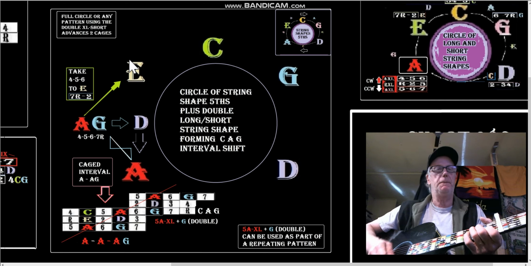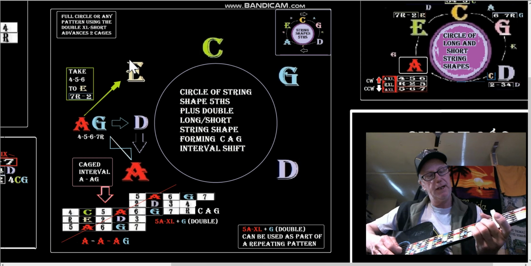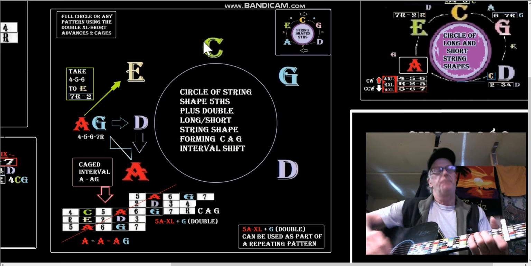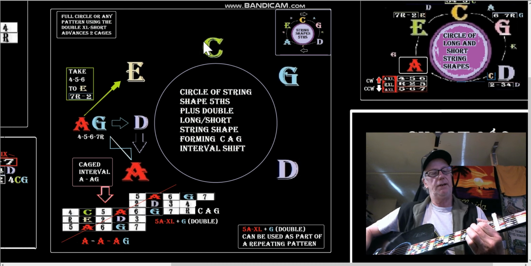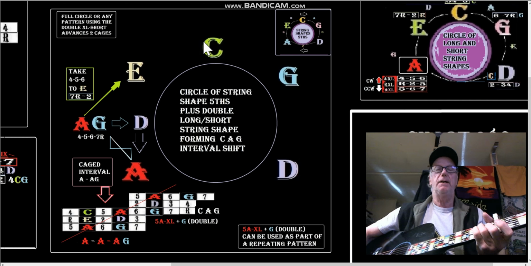So you'll see people saying, this is the CAGED, oh, these are the keys of CAGED. You'll see me doing it all the time. These keys of CAGED, C, A, G, E, D, but can you do them in fifths? C, G, D, A, E.